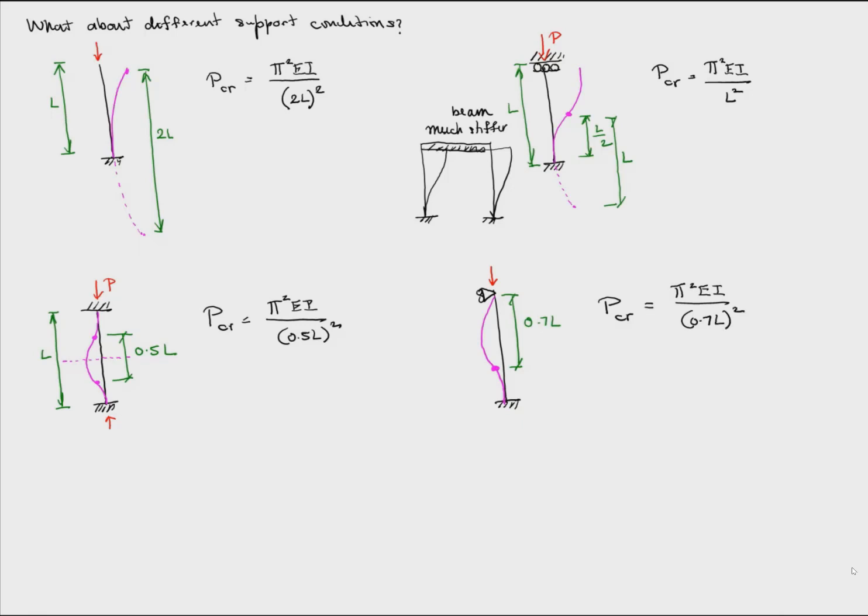So we see how this idea works. In fact, in general, we can write the buckling load of a column of given boundary conditions as pi squared EI over (k times L) squared, where k times L is called the effective length, and k is called the effective length factor.